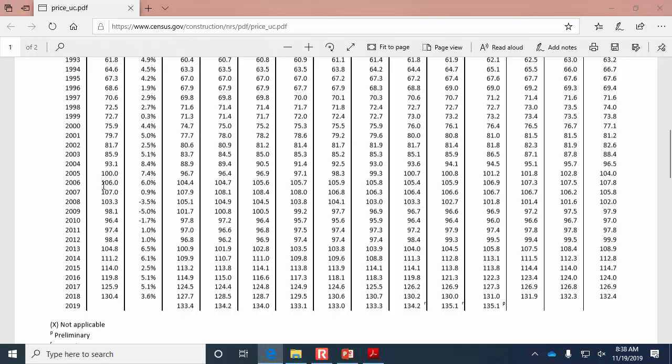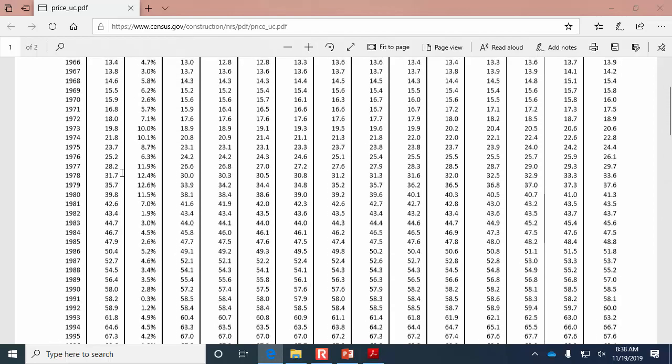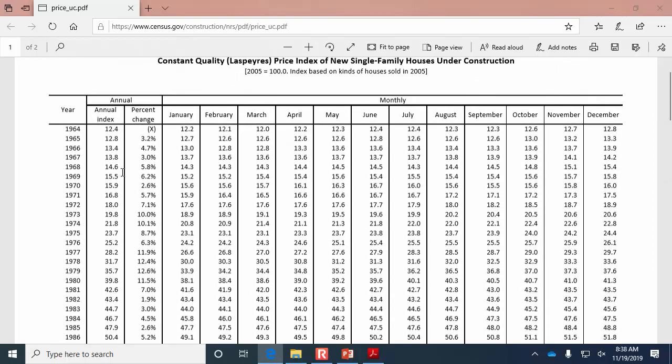We'll look at a formula in a minute, but you'll notice that for a couple of years the prices went down during and after the financial crisis that we've talked about a couple times before, but then prices rebounded significantly, and now in 2018, at the end of that year, the price estimate was at 130, where 100 was the baseline year. They also went back in time and calculated the average price for all of these previous years as well.